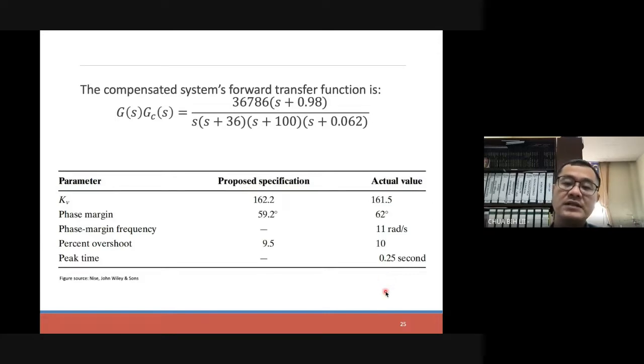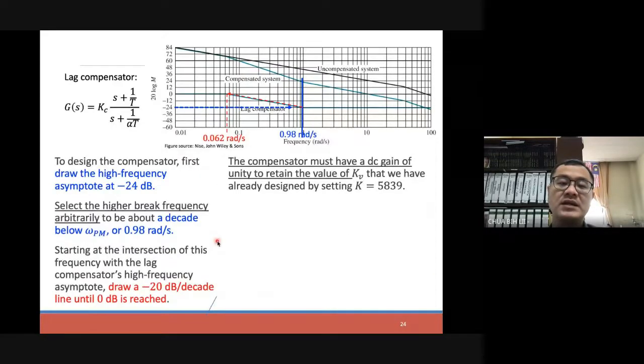Put them into simulators and simulate whether it is correct or not. If it is more or less what you desired, then that's good to go. If not, then adjust again. Continue to adjust. So that is how we approximate.